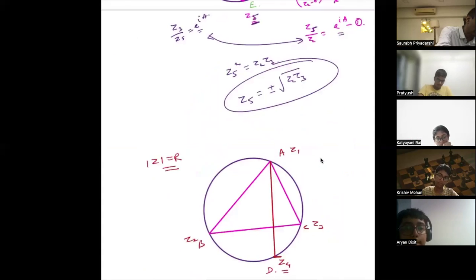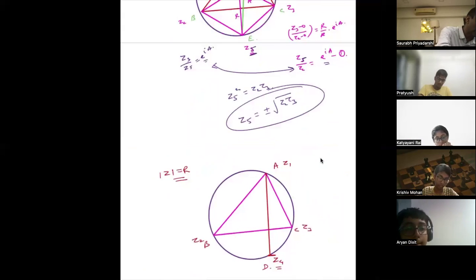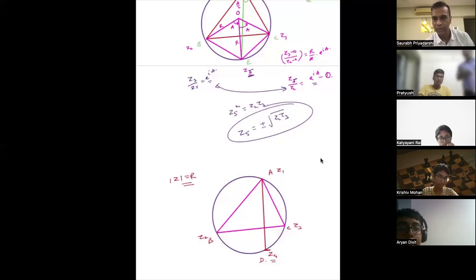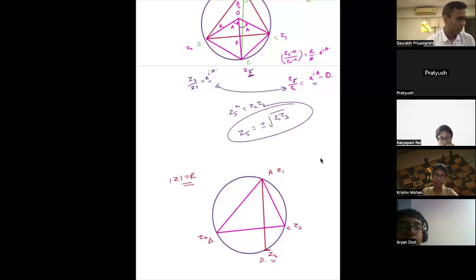Sanjana, this we have done. The rotation we applied twice, for the triangle OBE and OEC. We applied the rotation formula for OBE and secondly for OEC. Then we equated both the e to the power IA, so we are getting this.